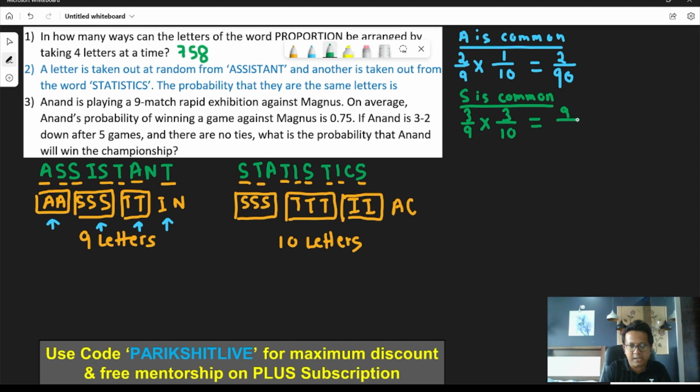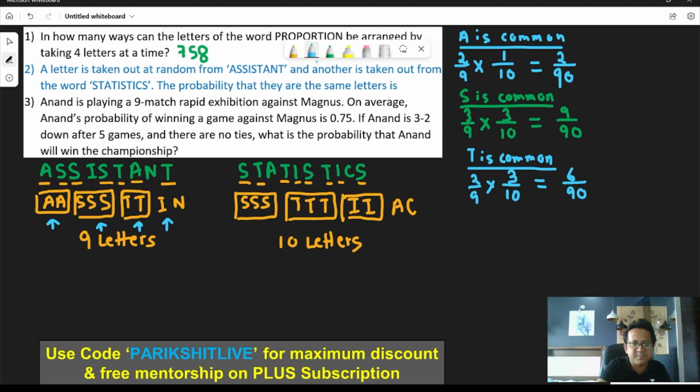So it becomes 9 by 90. Next, T can be common. There are 9 letters in the first word with 2 T's, and 10 letters in the second word with 3 T's. So it could be 6 by 90.